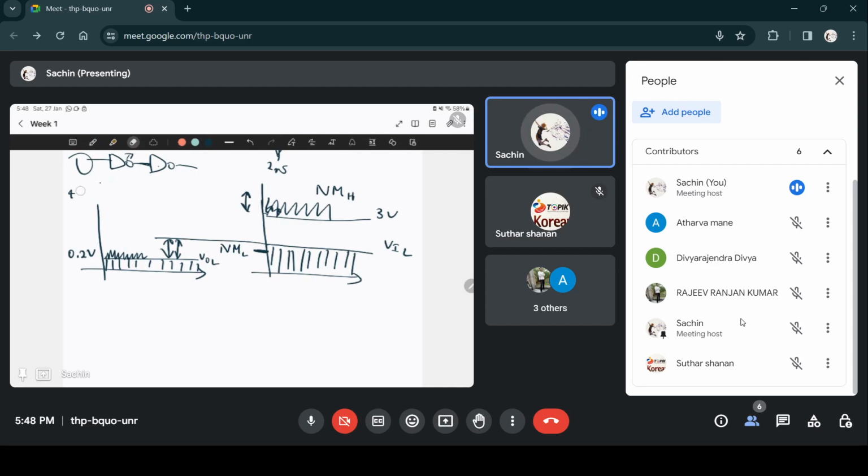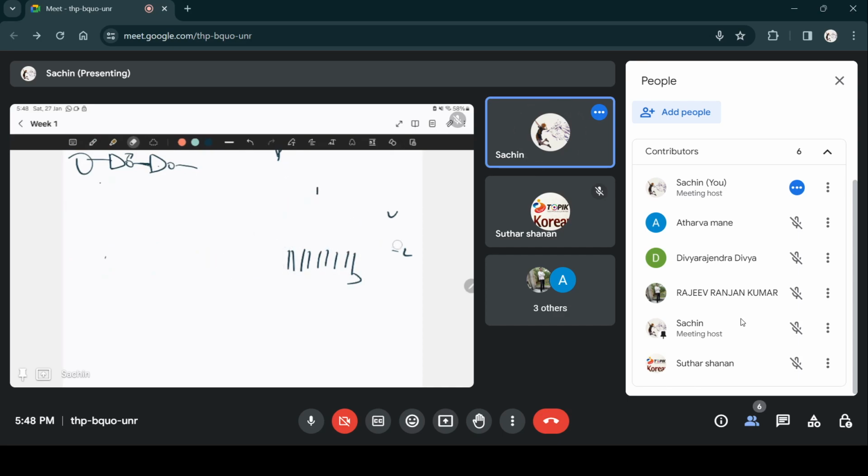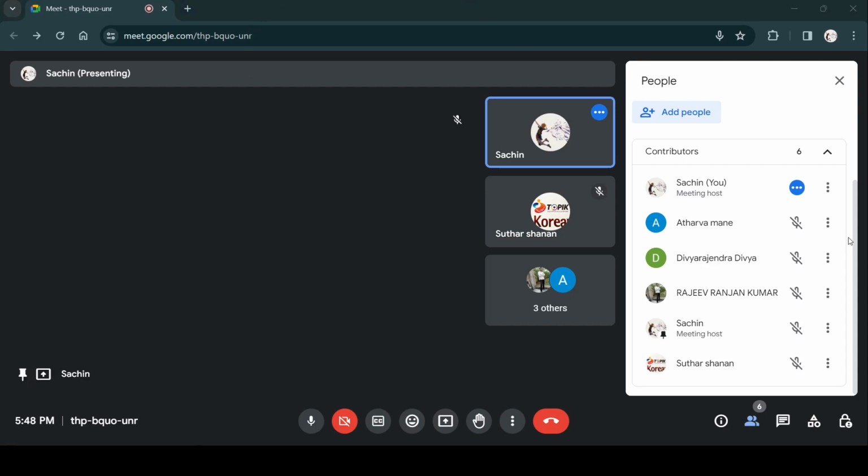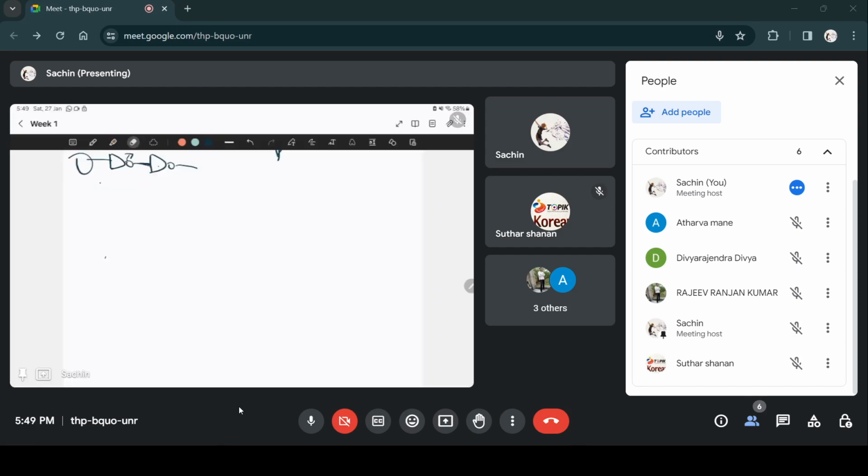And the other thing you wanted to ask was transition width, right? Transition width is not complicated.